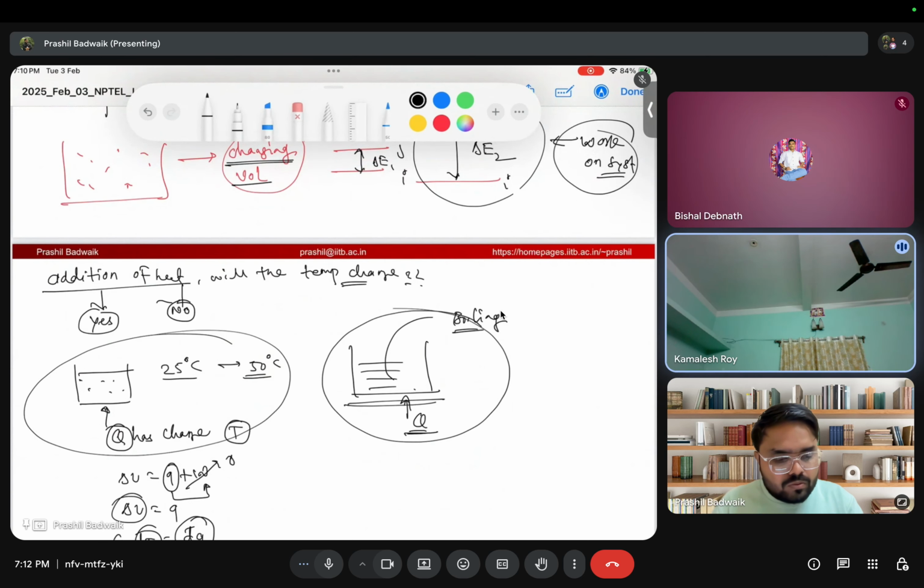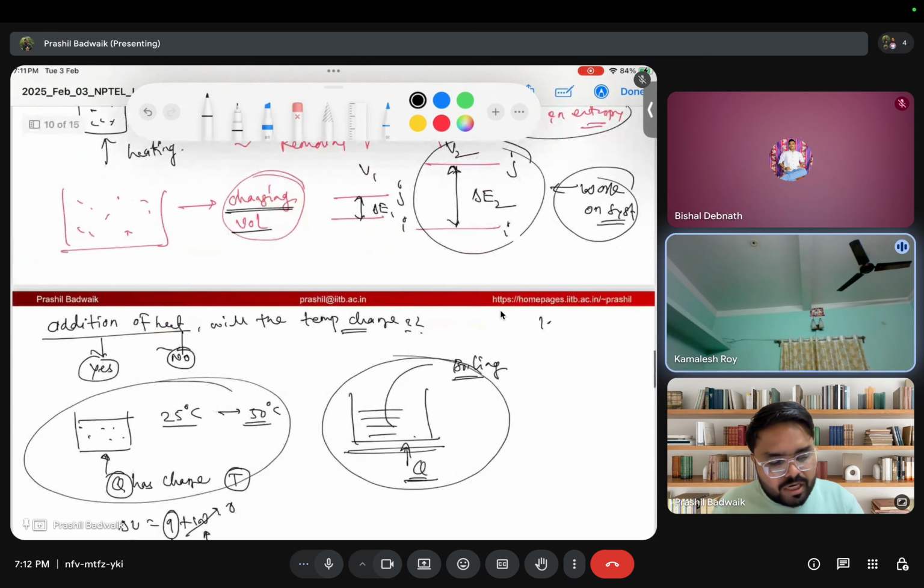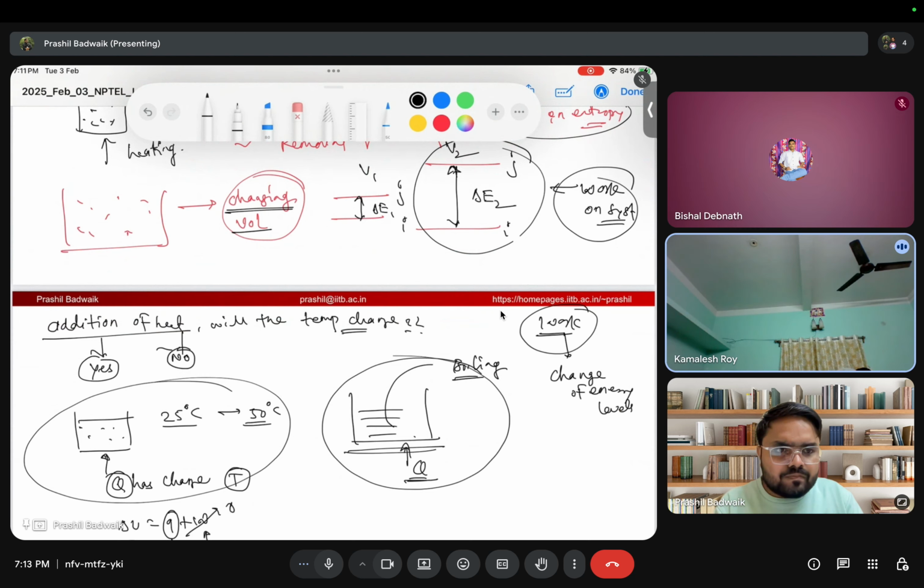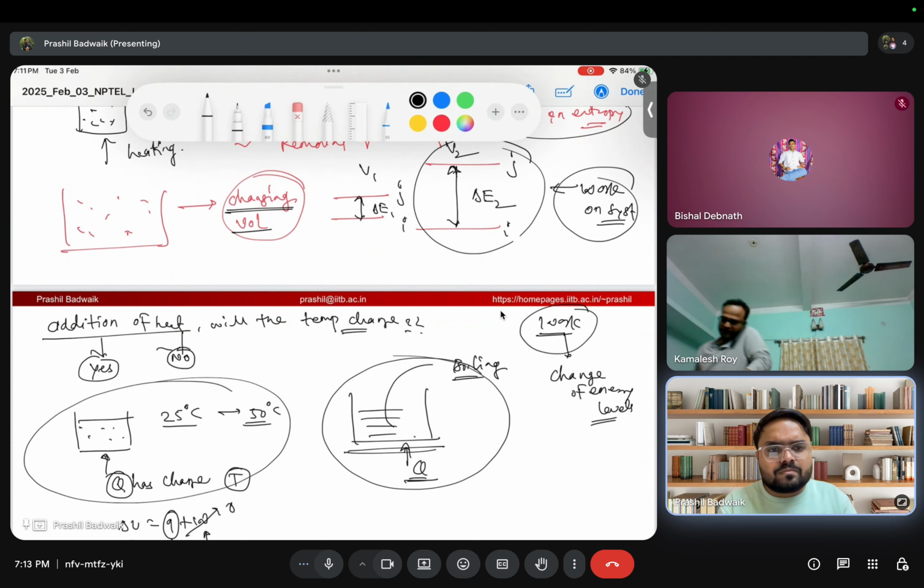But if I do work on the system, in that case, the volume that is accessible to the system particles will change, because of which the difference of energy between multiple levels will change, right? That will cause a change of energy levels, correct?